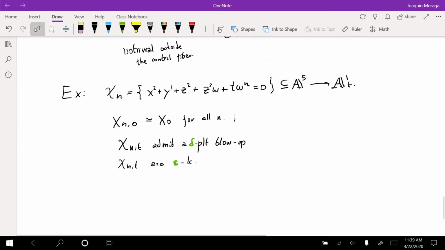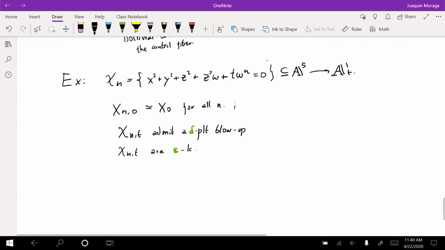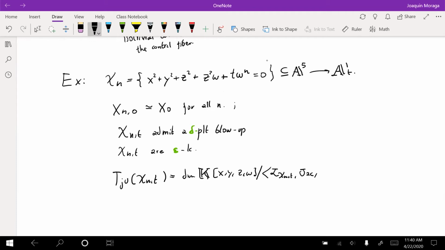And okay, so why this? So essentially, so far I just exhibited an example of singularities which are epsilon log canonical and delta PLT, and then the claim is that these singularities are not analytically equivalent. But to do that, one just computes the Tjurina number of X_n,t, which is just the dimension of the space C{x,y,z,w} divided by the ideal of the singularity together with the Jacobian, and one sees that this number is actually n plus 2.